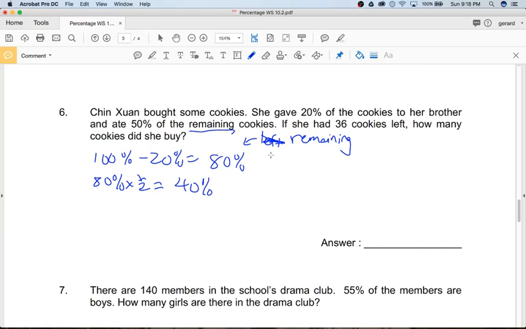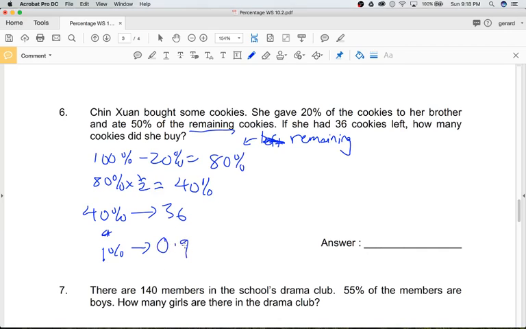So we know that this 40% is actually 36 cookies, because this is what's left. If she ate half of the remaining cookies, she has the other half left. So 40% will be 36. You can find what is 1%, which will give you 0.9.